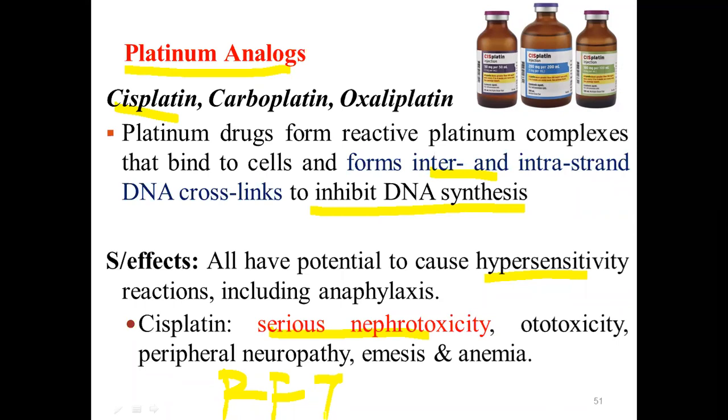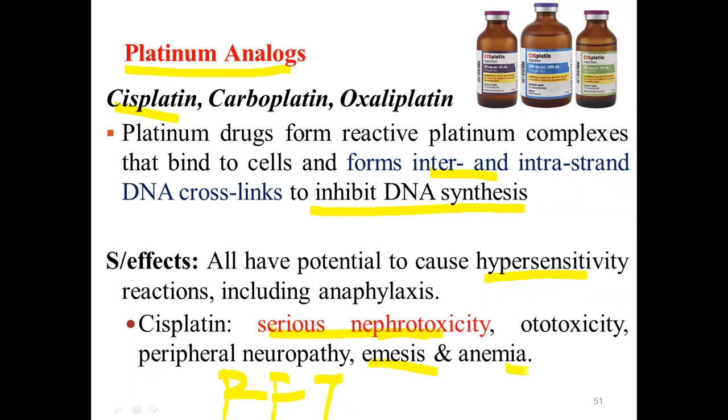It is very serious in terms of nephrotoxicity, and it is ototoxic, and it can also cause peripheral neuropathy, emesis, and bone marrow suppression, ultimately causing anemia. But the most serious one from cisplatin is usually nephrotoxicity, and it is highly emetogenic in nature.